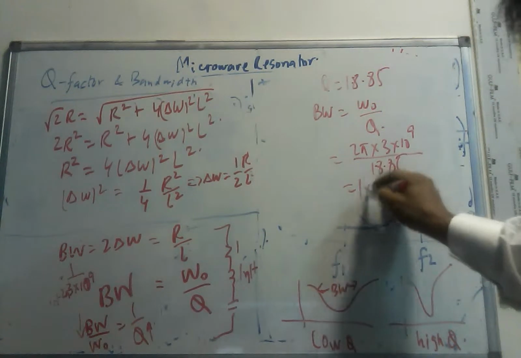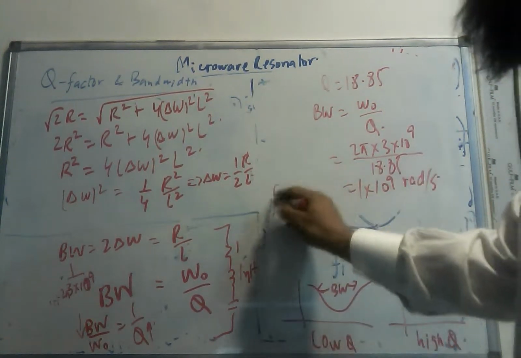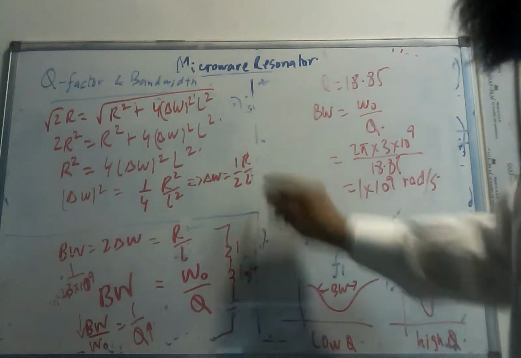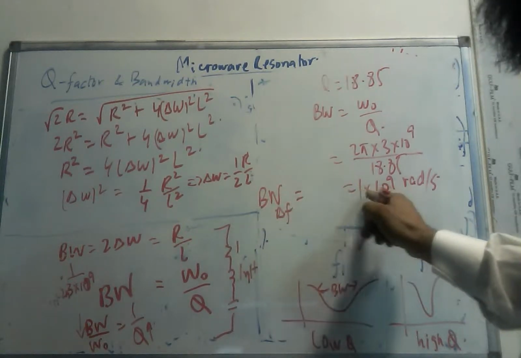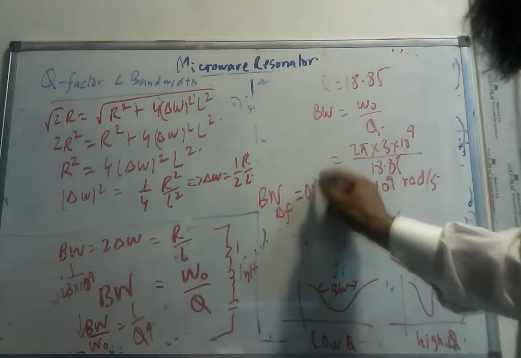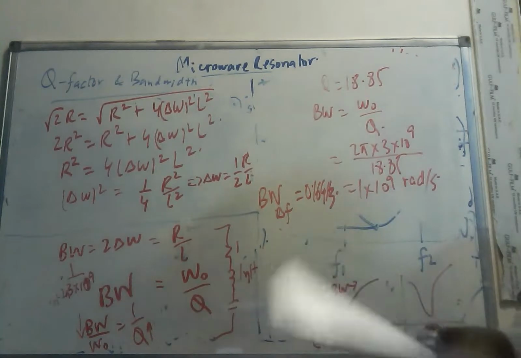This comes out to be 1 multiplied by 10 to the power 9 radians per second. And if we convert it to frequency, delta f, we divide by 2 pi. So this comes out to be 0.16 gigahertz, as we found in the question.